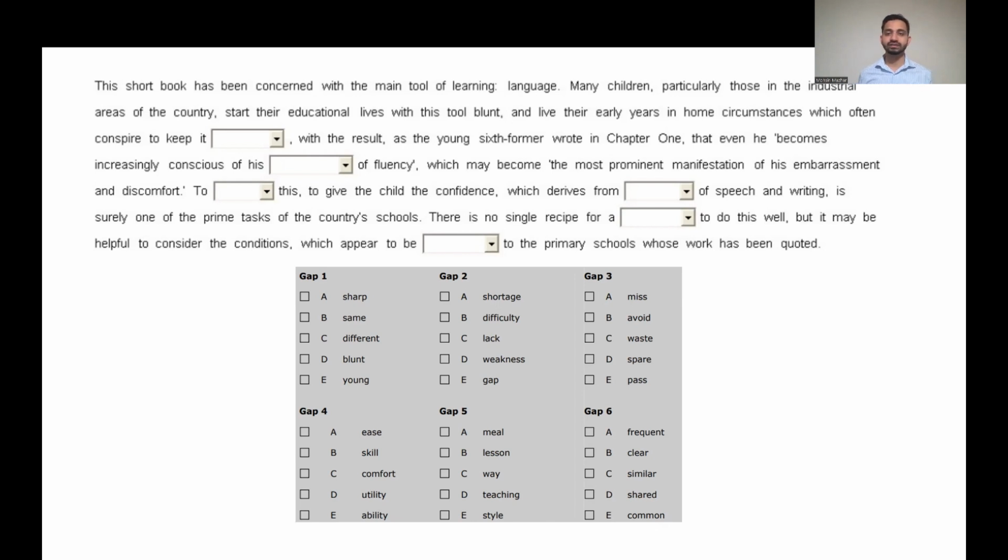And live their early years in home circumstances, which often conspire to keep it. And the first thing, you've got sharp, same, different, blunt, young. If they've used this blunt, lives with this tool blunt, we can actually repeat that same kind of thing, because they've already used blunt to describe these people.